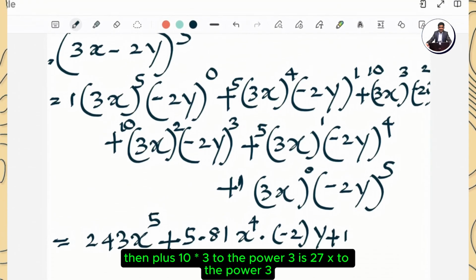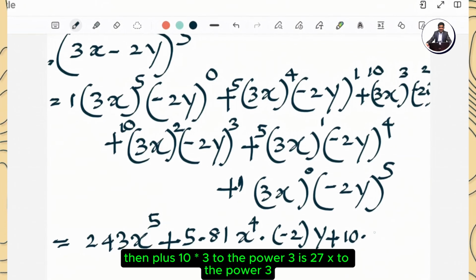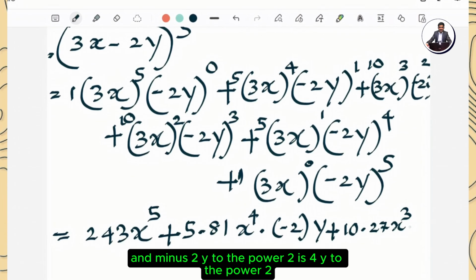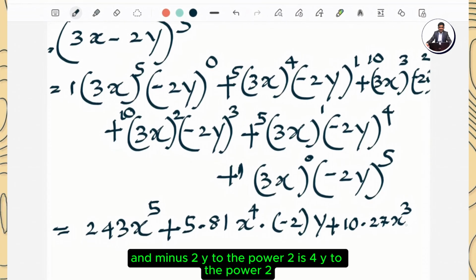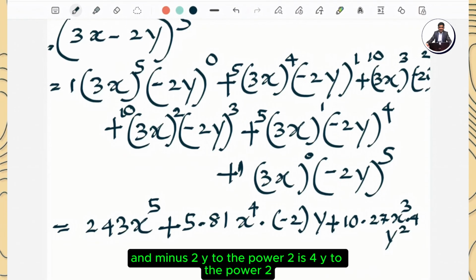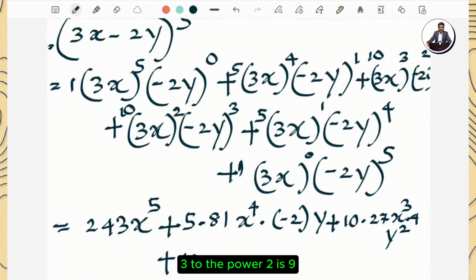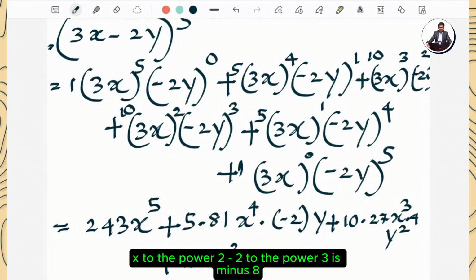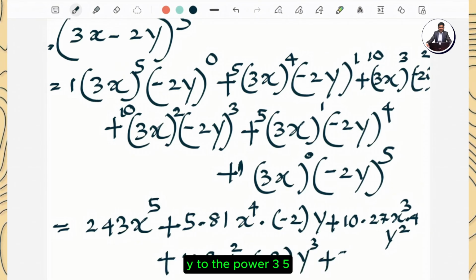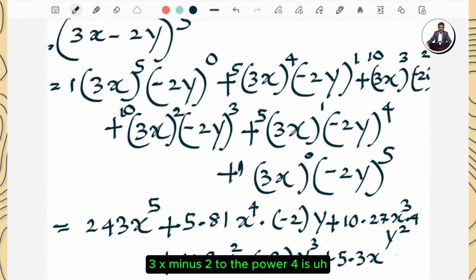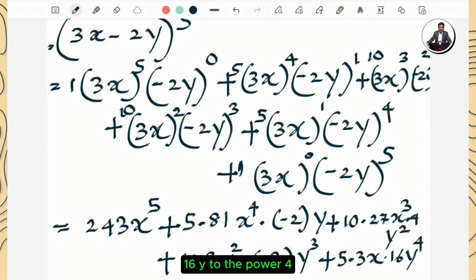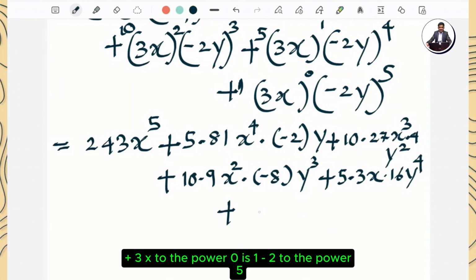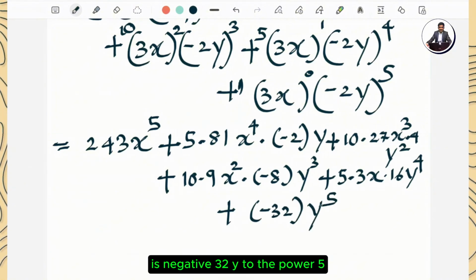Then plus 10 times 3 to the power 3, which is 27, x to the power 3 and minus 2y to the power 2, which is 4y squared. Again 10, 3 to the power 2 is 9, x squared, minus 2 to the power 3 is minus 8, y cubed. Then 5, 3x, minus 2 to the power 4 is 16, y to the power 4, plus 3x to the power 0 is 1, minus 2 to the power 5 is negative 32, y to the power 5.